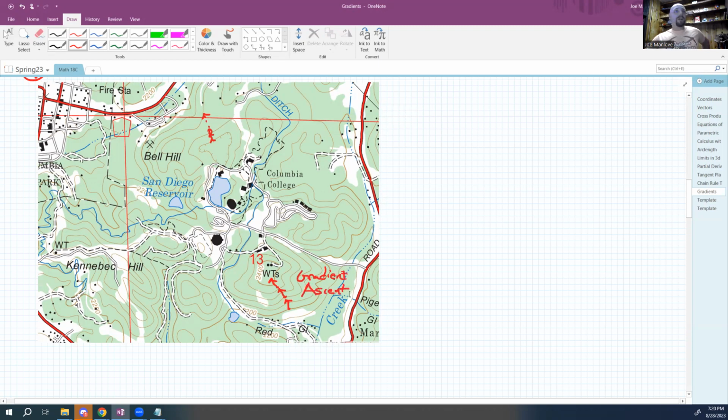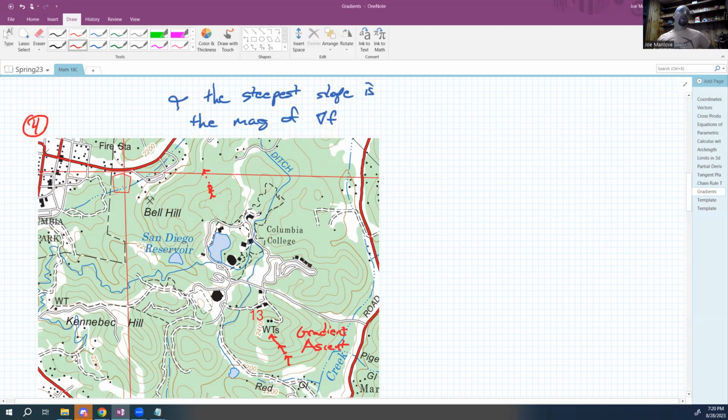So that's our application. So our answers to 4 and 5, right? 4 being what about level curves? So the answer to 4, let me dump 4, so I'm going to take 4 over here. The answer to 4 is level curves are perpendicular to the gradient.